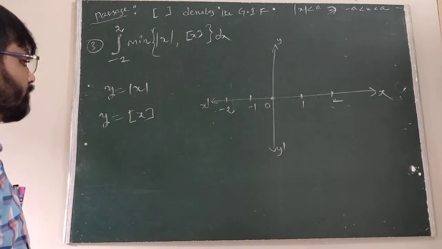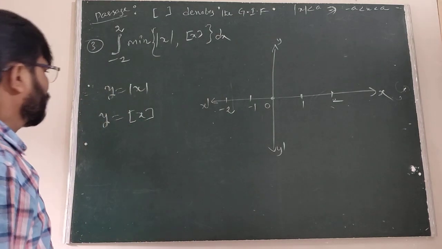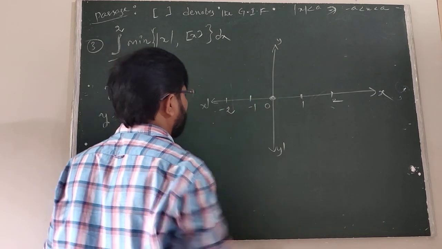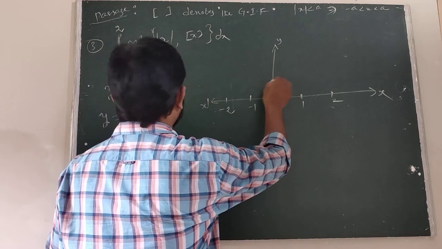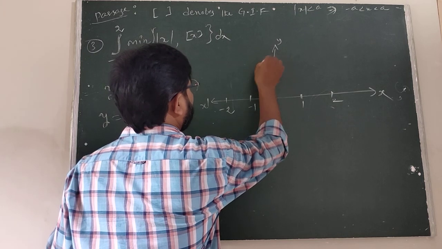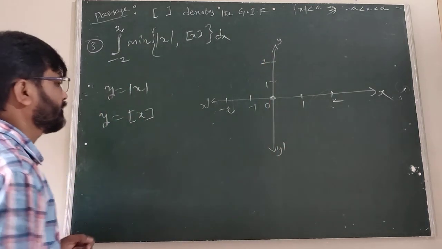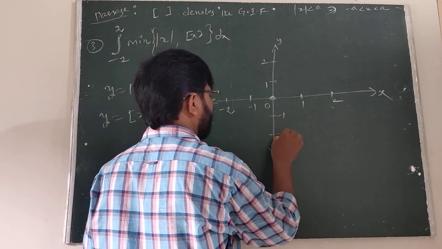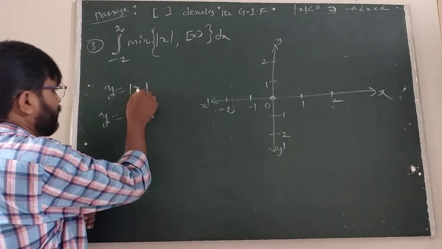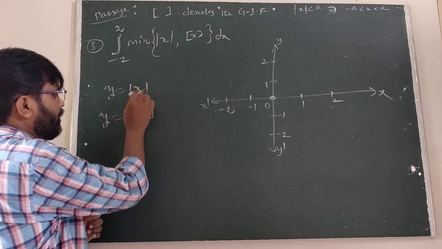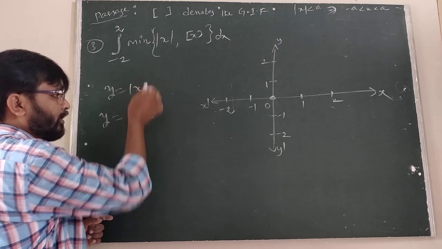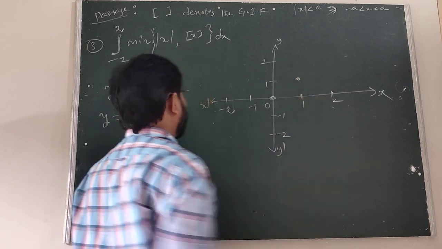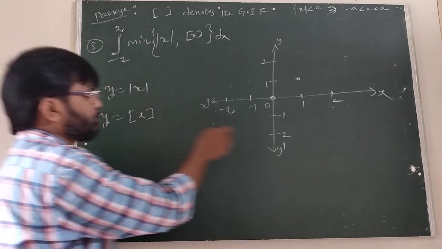Therefore, first y equal to mod x. When we are taking x equal to 0, y is 0. When we are taking x equal to 1, y is 1. When we are taking x equal to 2, y is 2.